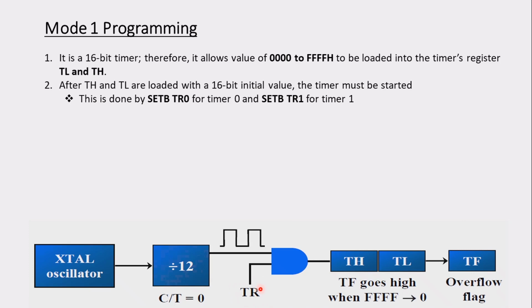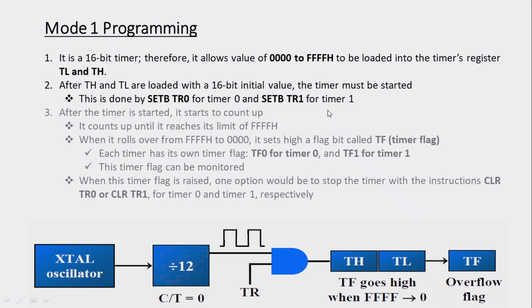Timer 0 has its own bit, that is TR0, and timer 1 has its own bit, that is TR1. So we can start timer 0 by making the TR0 bit high, and we can start timer 1 by making the TR1 bit high. This is done by using SETB TR0 for timer 0 and SETB TR1 for timer 1.